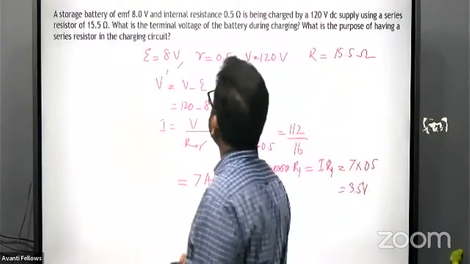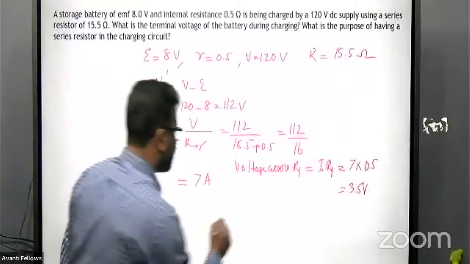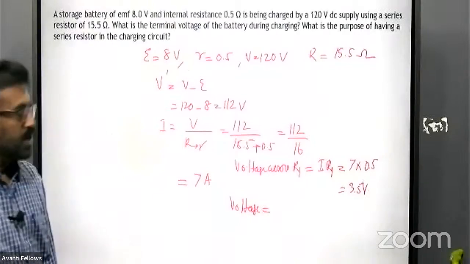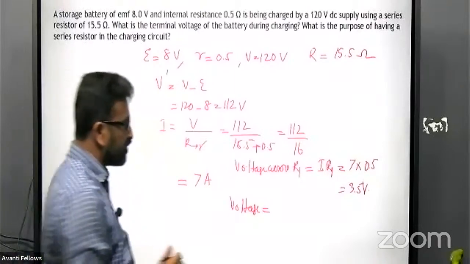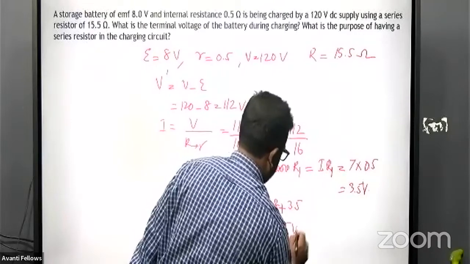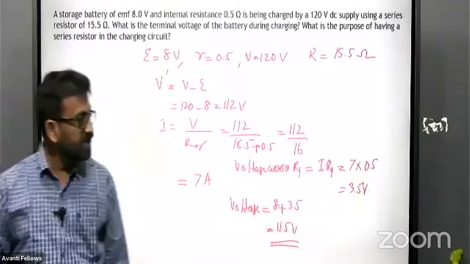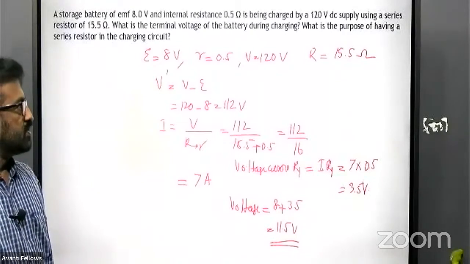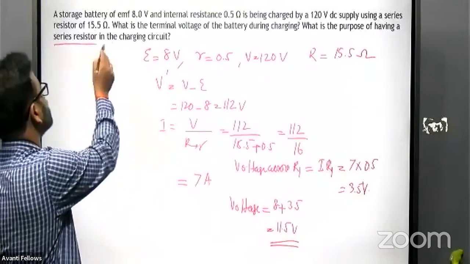So the terminal voltage will be 8 plus 3.5, that is 11.5 volt. The use of a series resistor here is to limit the current. During charging, the current should not exceed a particular value, so for limiting that current, we need a series resistor.